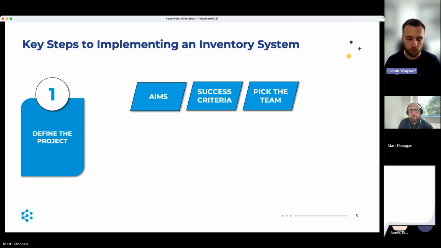So I always recommend someone from operations, someone from finance, and then someone from perhaps sales, because all those different departments will interact with this system and they'll all affect each other. So having that core team means they can all have their own input, and all the aims that they want can hopefully be achieved.